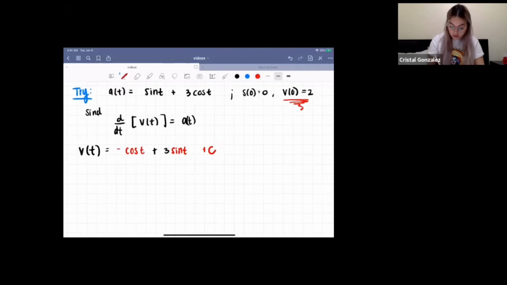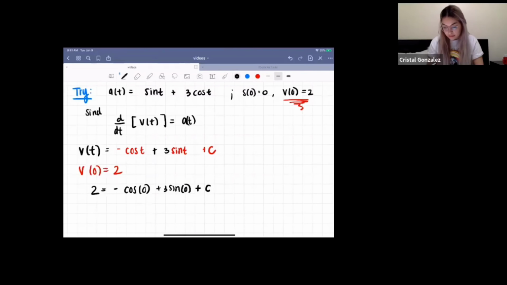So we're going to do v of 0 equals 2. So what we're going to say is that 2, because that's v of 0, is equal to negative cosine of 0 plus 3 sine of 0 plus c.